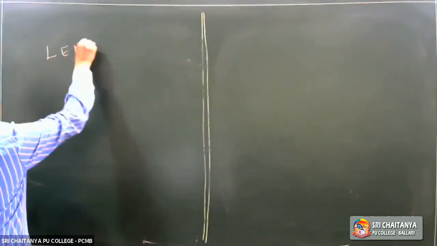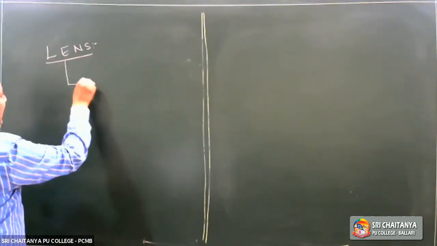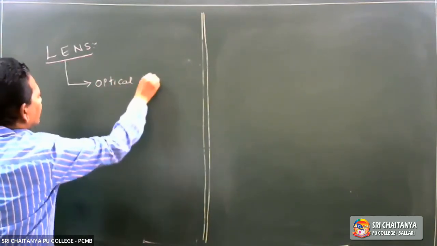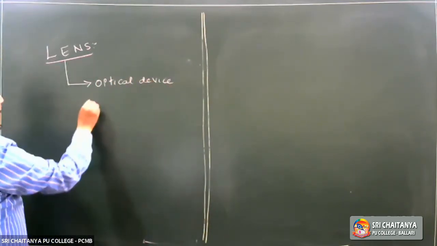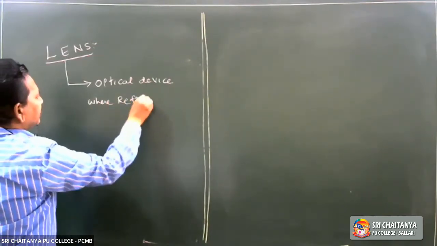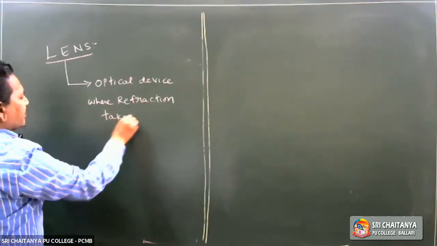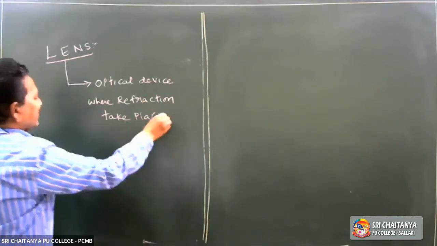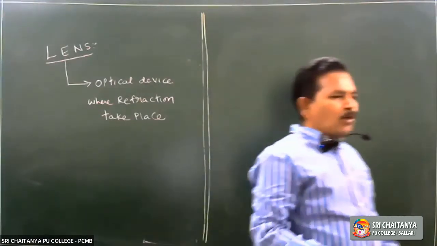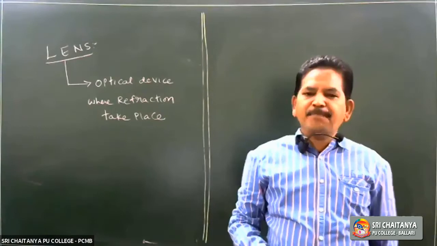Lens is an optical device where the refraction takes place. In mirrors, reflection takes place. In a lens, the refraction takes place. How to define the lens? Lens is nothing but a transparent medium.